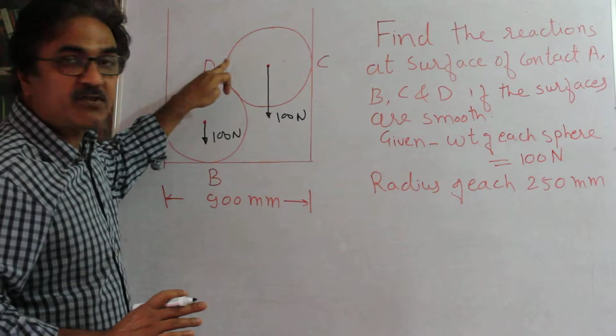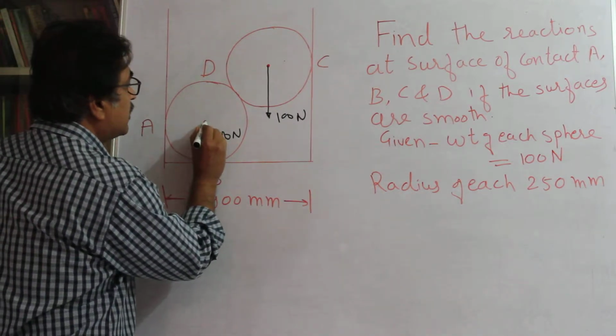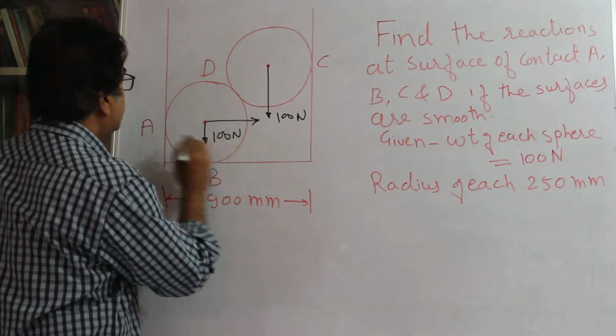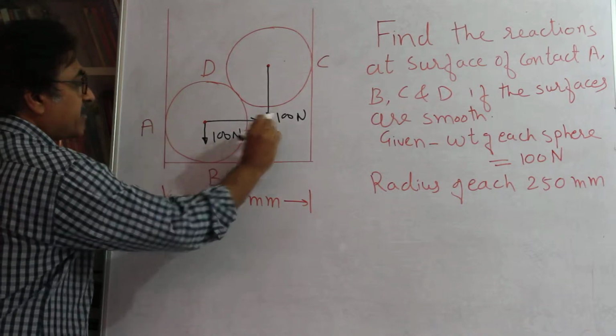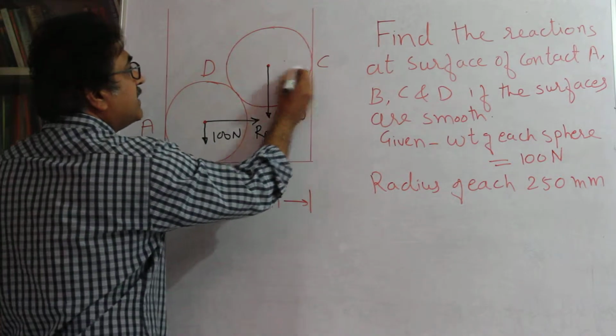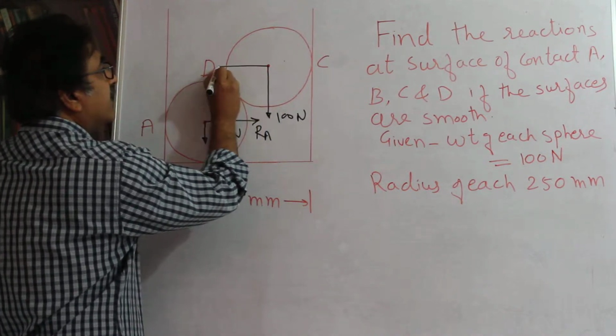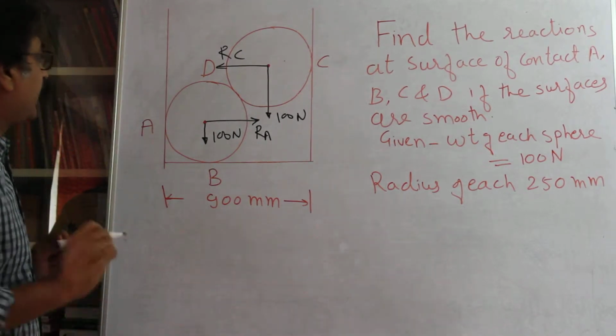Similarly, the normal force has to pass through this radius. So I will show the force passing here. This is RA, perpendicular to the surface, and I am just extending it, passing through the center. Similarly, RC passing through the center. Okay, fine.